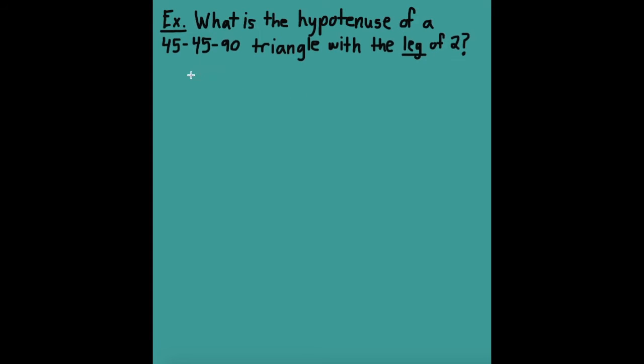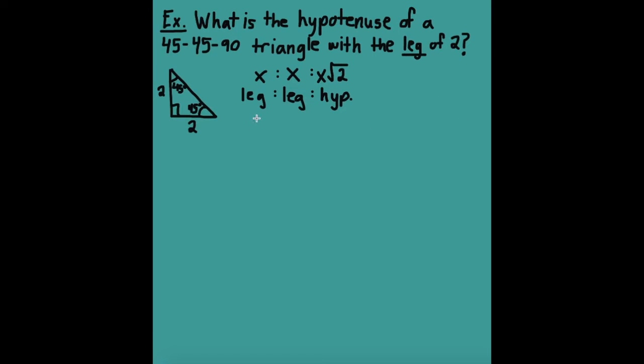So let's draw a picture. We have a right triangle with two 45-degree angles, and the legs are 2. Now let's write a ratio. The ratio is x to x root 2 for 45, 45, 90 triangles, where x's are the legs and x root 2 is the hypotenuse.